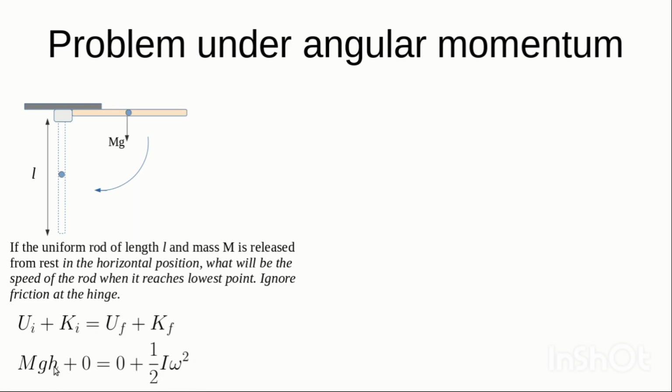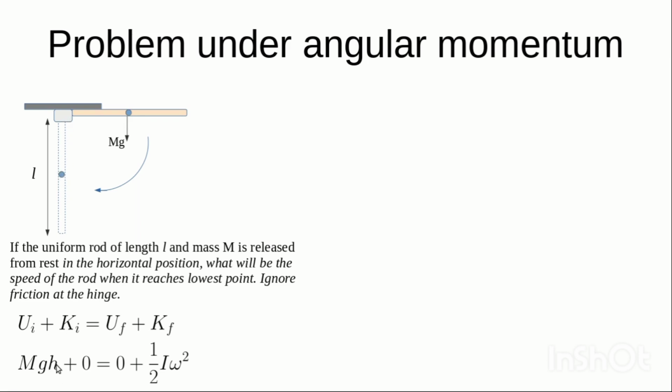Our h here, from this diagram, can be seen to be L over 2, because the weight of this object acts at this point, which is the center of gravity. When it gets to the lowest point, the height traveled is just L over 2.